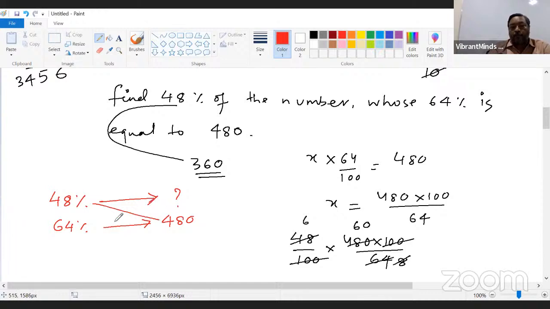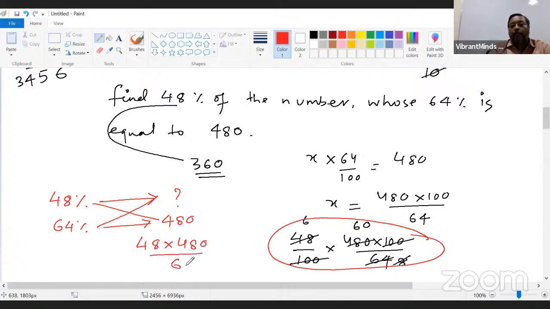And what we do? We just cross multiply. And by cross multiplying, we come directly to this place. And this will give me 48 into 480 divided by 64. 8 8s, 8 6s, and 8 60s. So it is giving you how much? 360. Is it clear?